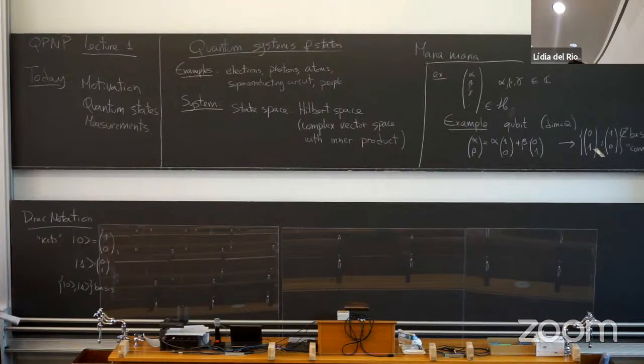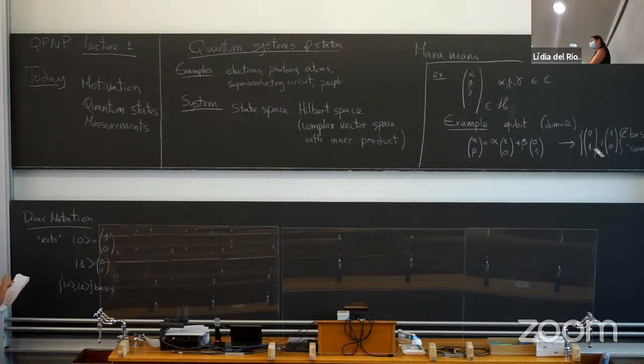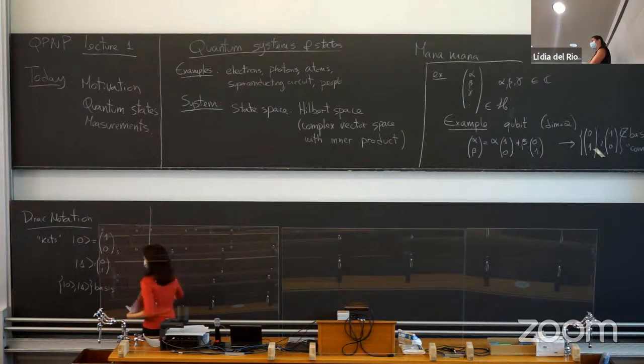And physically, the things this corresponds to is, again, like I said, the spin pointing in one direction or the other, or the polarization of a photon being along one direction or another. But we'll see examples later. So for now, don't worry about this. We just know that this is one basis for the Hilbert space. We'll see more later. And how do we express then a state?